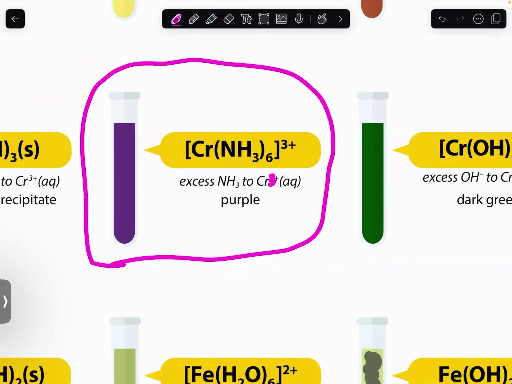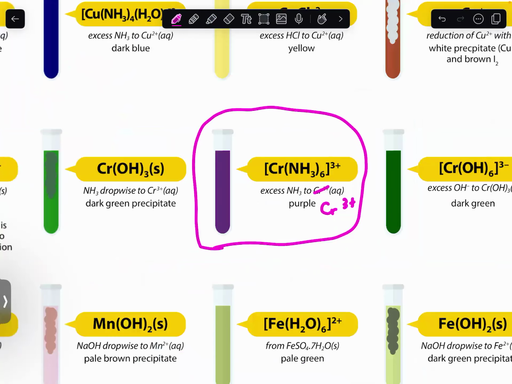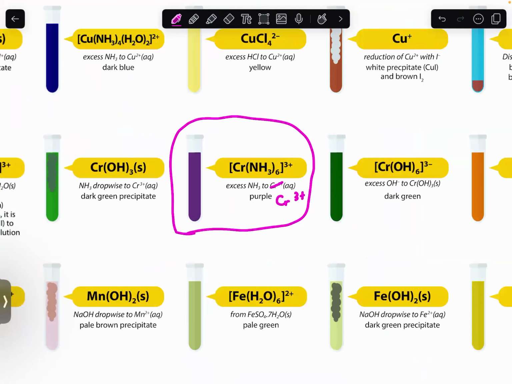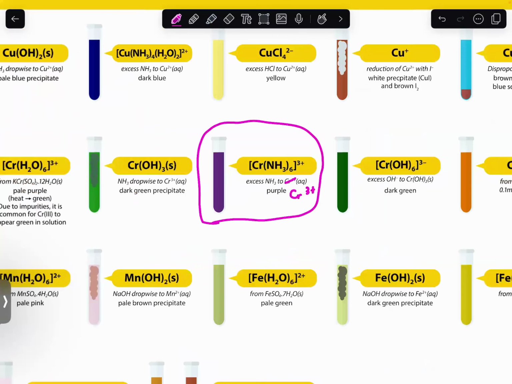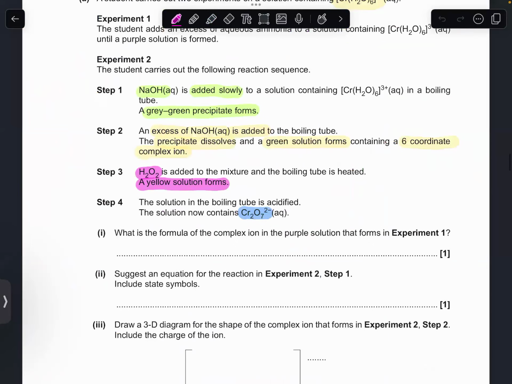Yeah, with excess ammonia it gives you a purple color solution. What is the formula of the complex ion in the purple solution? So all the water molecules have been substituted with ammonia. So you've got 6 of those, and the charge is still 3+.